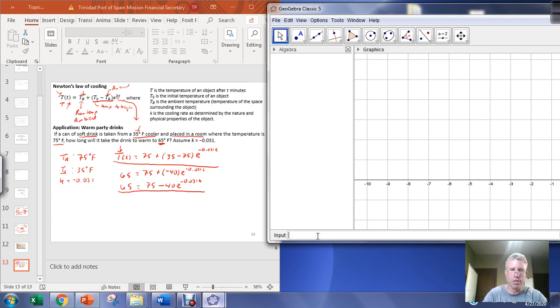So temperature as a function of time, but I can't use t, so I'll use x, equals, our model is 75, and we had plus the 35 minus 75, which is a minus, I can just type in minus 40, and then it's e, and you just write e, it's Euler's number, the computer will recognize it, e to the parentheses negative 0.031 times x, and then hit enter.